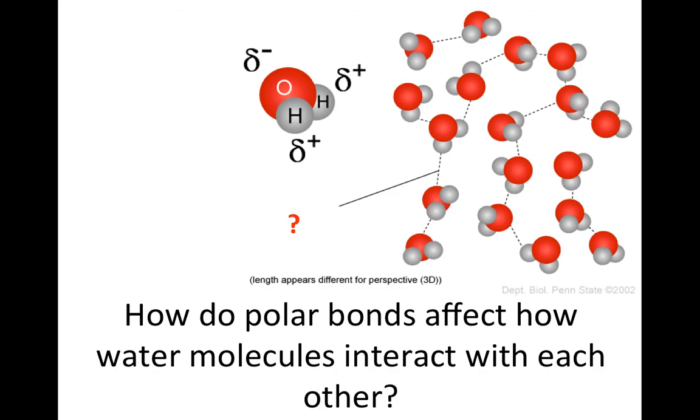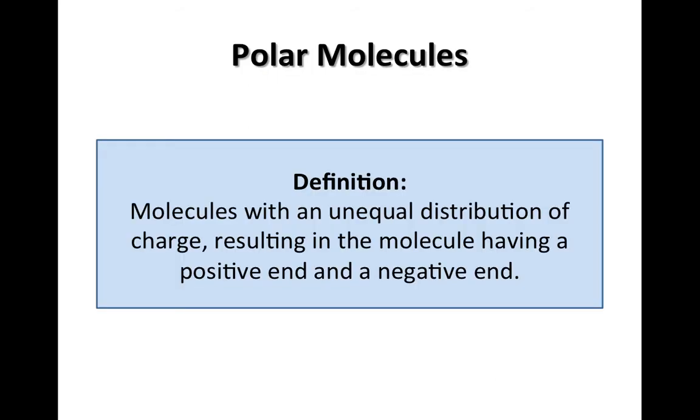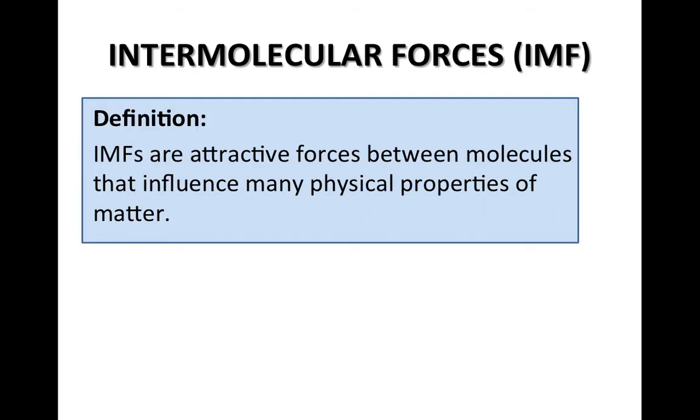So, how do polar bonds affect how water molecules interact with each other? Well, by definition, polar molecules are when there's an unequal distribution of charge, resulting in a molecule having a positive end and a negative end. This will cause intermolecular forces.